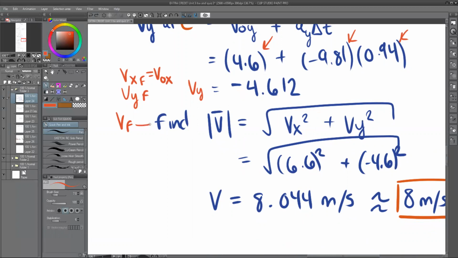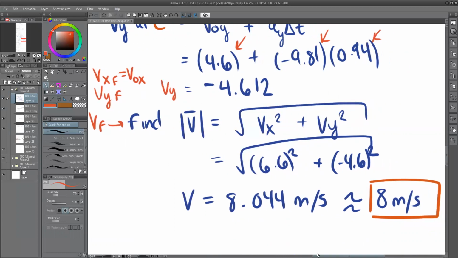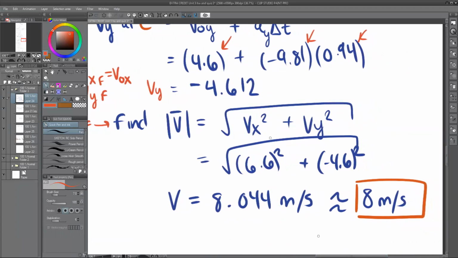So that's pretty much the same thing. I plug in the V0x that we solved for, because it's the same thing as Vx final, and I plug in the V final y that we just solved for, and I calculate the magnitude of V final using the x and y components.